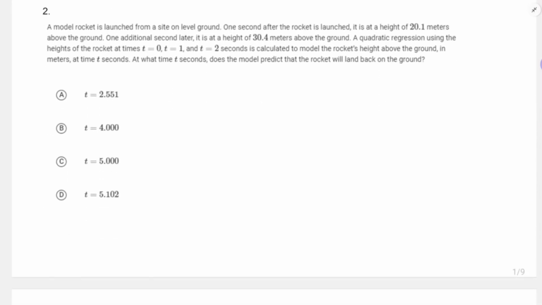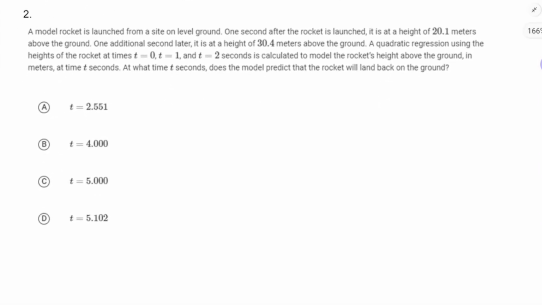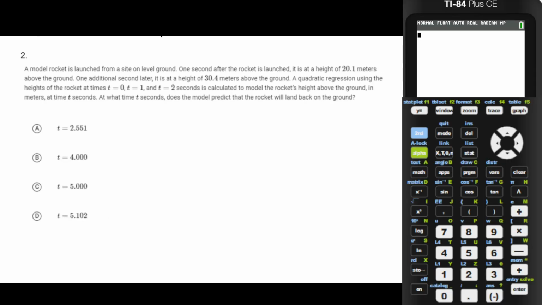Anyway, a model rocket is launched from a site on level ground. This looks like it's going to require a calculator, so let me get that out. It's telling us 1 second after the rocket's launched, it has a height of 20.1. Then 1 additional second later, they use quadratic regression using t = 0, 1, and 2.